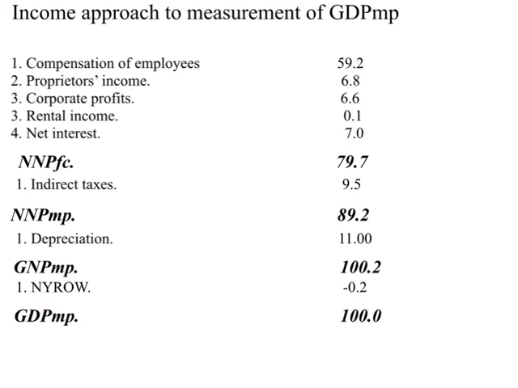So based on this table, just remember one important part, and that is compensation to employees or the wages is a major component of GDPmp when you're looking at the income approach to measurement of GDP.